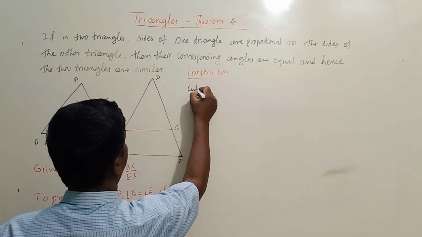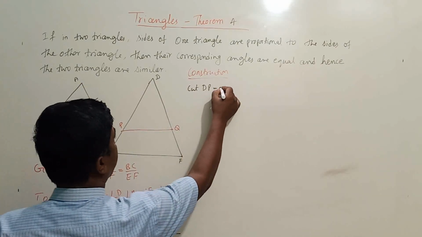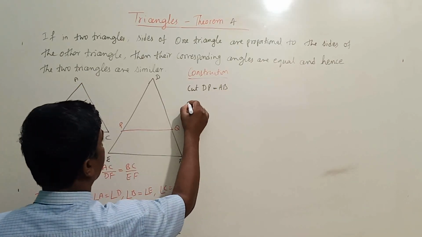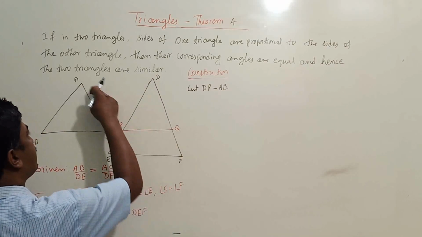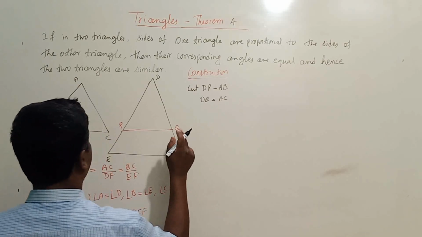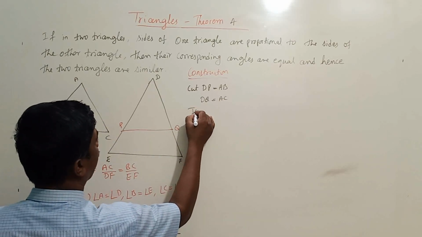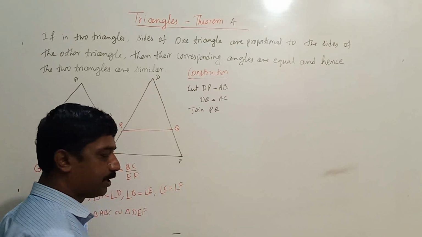Cut DP is equal to AB, and DQ is equal to AC, and what are you going to do? Join PQ.